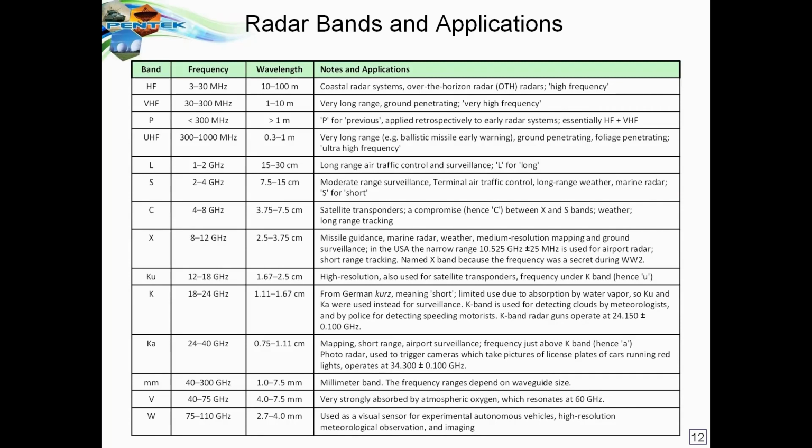It shows on the right, in the notes and application section, the different heritage, if you want, of the different types of radar bands, what they're used for, some of the applications, and some of the benefits of each. So this chart can be very useful if someone asks you about a particular S-band radar or a Ku band radar. You can get a little bit more information and reference as to what exactly that means. So this could be a very useful chart to start becoming familiar with the language of radars.